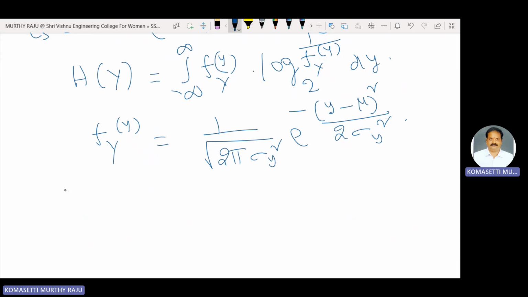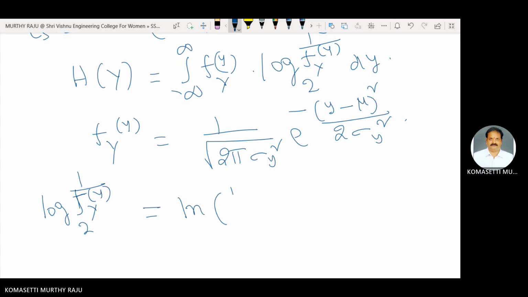Next one is log 1 by f of y to the base 2. This can be written in terms of ln 1 by f of Y into log e to the base 2.